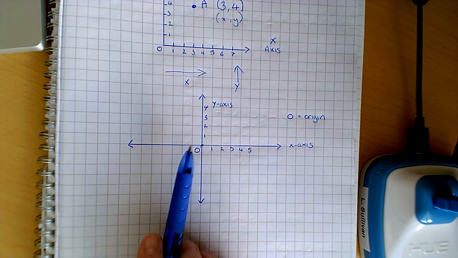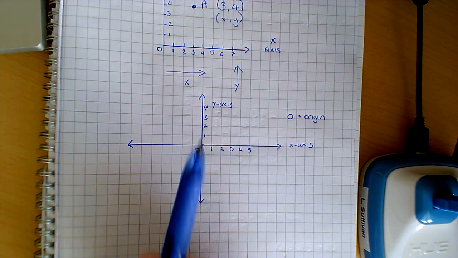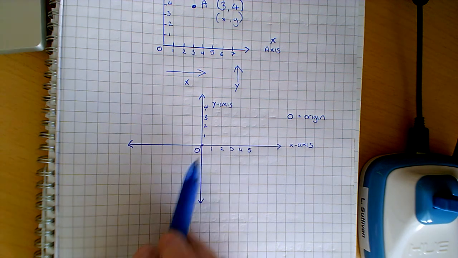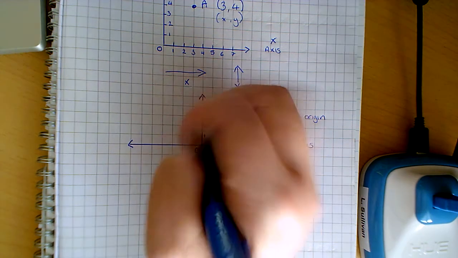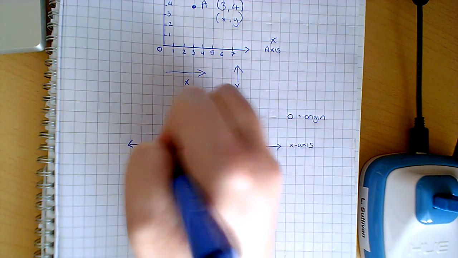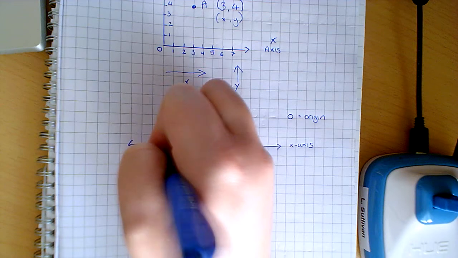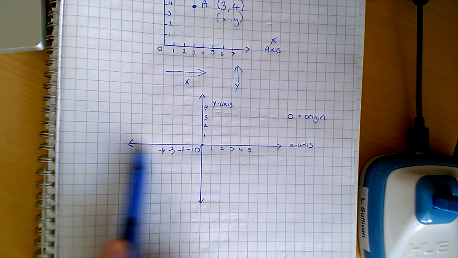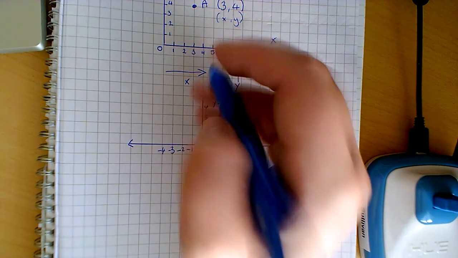Now, to label the rest of our x-axis, we treat this like a number line. So we have 0, -1, -2, -3, -4. And we continue that the whole way along.